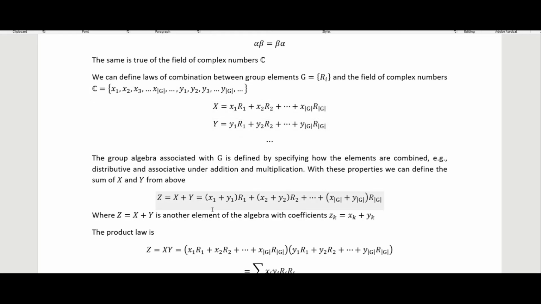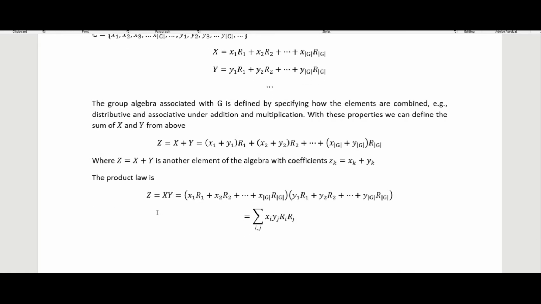That's just taking the first group element and adding the coefficients in front of them, then adding the coefficients in front of the second one, multiplied times our second group element, and so on all the way up to our last group element. Where z equals x plus y is another element of the algebra, with the coefficient of each group element being the sum of the corresponding coefficients.